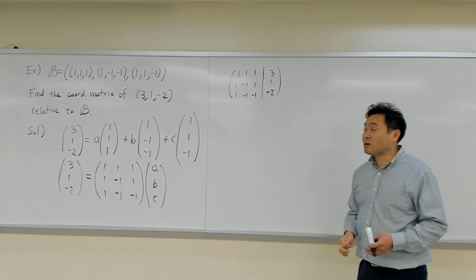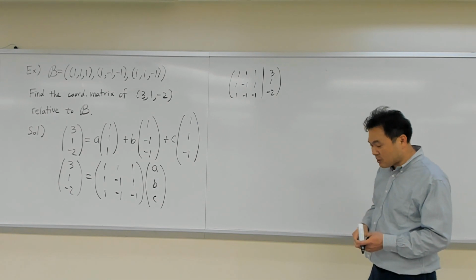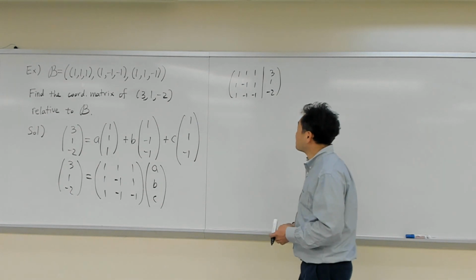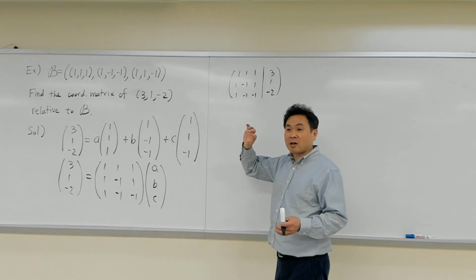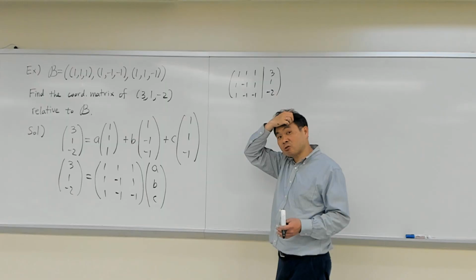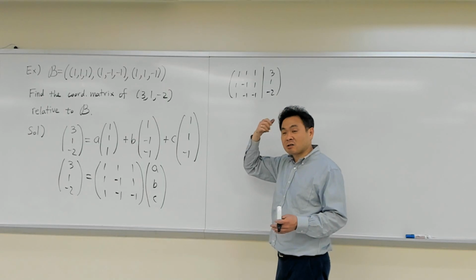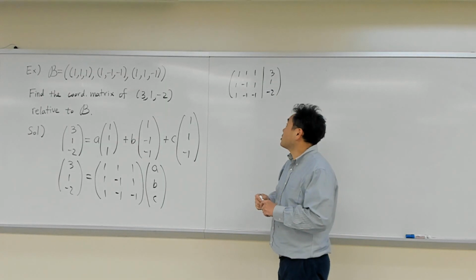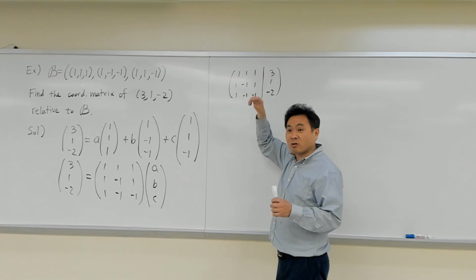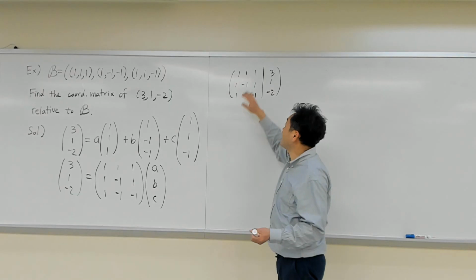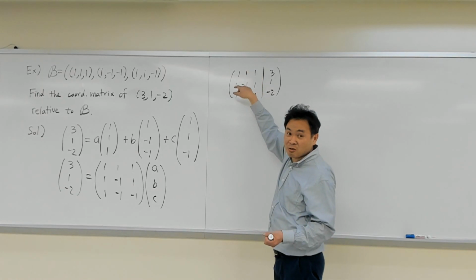But if you want to do the REF by hand, how do you do this? The REF method is you have some elementary row operations, right? Elementary row operations are that you can multiply a non-zero number to a row, you can switch any two rows, and you can take any multiple of one row and add it to the other.